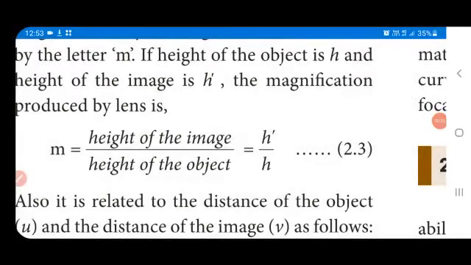Students, like spherical mirror, we have magnification for spherical lenses also. Spherical lenses produce magnification.